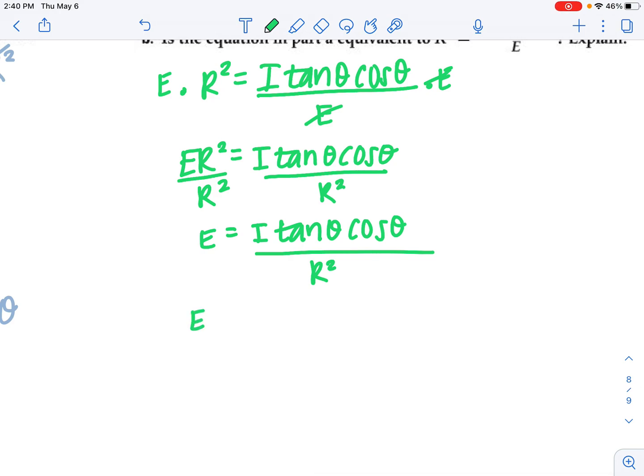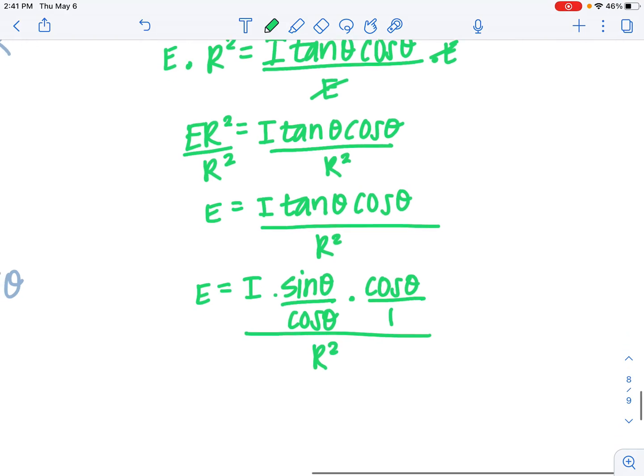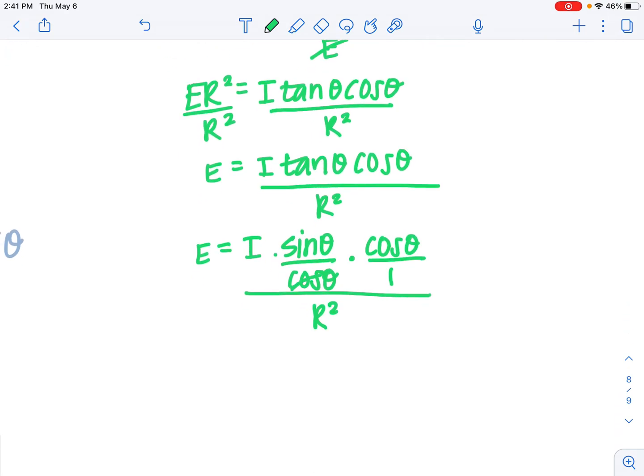Now we want to simplify that tangent and that cosine. So we know that tangent is equal to sine over cosine, times cosine. We'll just put it over 1, all over R squared.